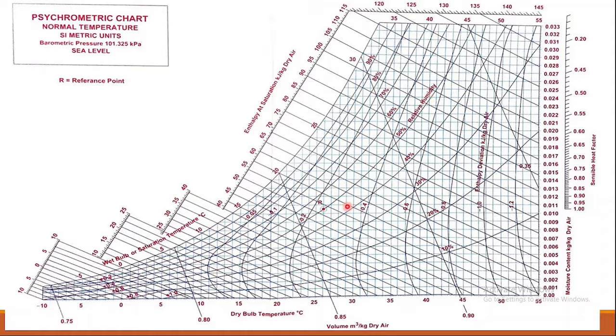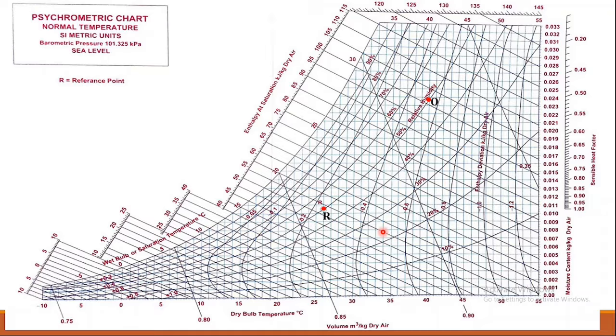Okay, similarly our inside condition is at 26 degrees Celsius, so this is my 26 degrees Celsius line. If I follow this vertically, I have 50% RH also, so this is what the 50% RH line. So those two will coincide at this point, so this is what our inside condition. Okay, so if I draw this, is how I get the point O and point R. R indicates the room condition, okay, or we can denote it by I also, okay.